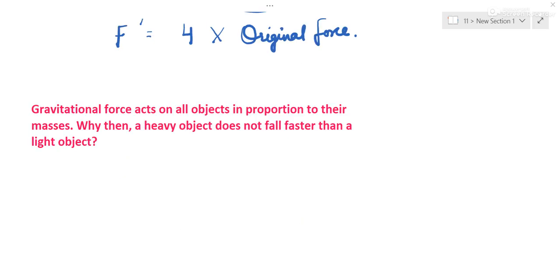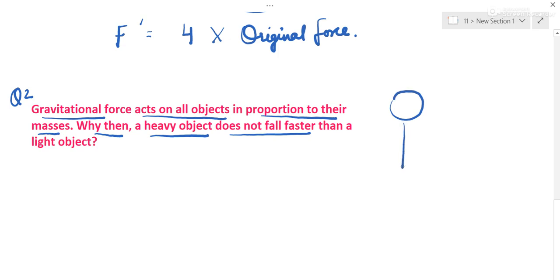Let us look at question number 2. Gravitational force acts on all the objects in proportion to their masses. This is correct. Why then does a heavy object not fall faster than a lighter one?